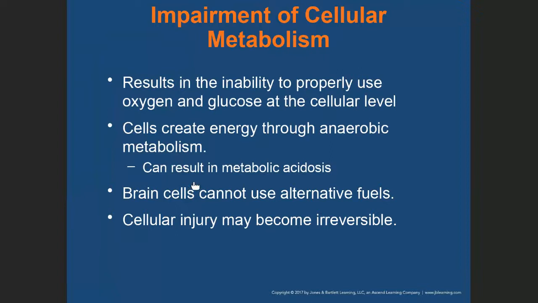Brain cells cannot use alternative fuel. So the brain needs oxygen, it needs glucose, and it needs specific nutrients. It doesn't have any backup supply for that, right? Cellular injury may become irreversible. So if we start to lose brain cells, they don't regenerate. Start to lose heart cells, they're not going to come back.